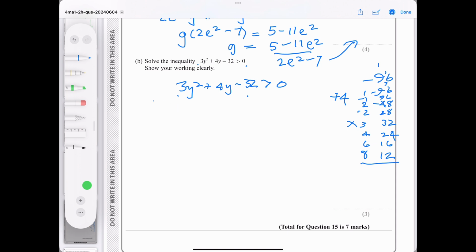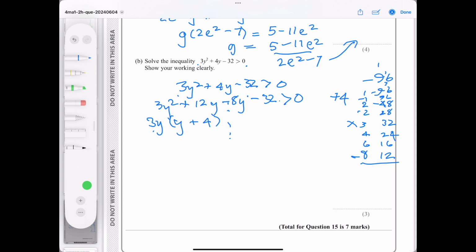So it's going to be 3y squared plus 12y minus 8y. Sorry, it's a minus and a plus. Minus 32 is greater than 0. That breaks down to 3y on the outside, and then y plus 4.